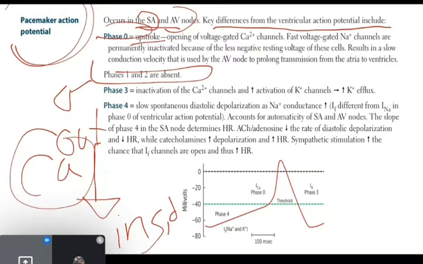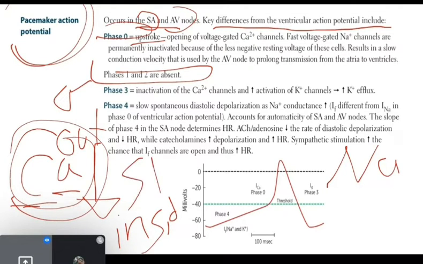Now, why is this the first thing that happens and not the sodium channels opening first? Why do the calcium channels open before the sodium channels? The reason is that when you open the calcium channels first, you have a slow action potential. And you know that the SA node, sinoatrial, and AV node want to be late, they want more time to fill the ventricles before transmitting this signal to the ventricles, and the ventricles will contract.